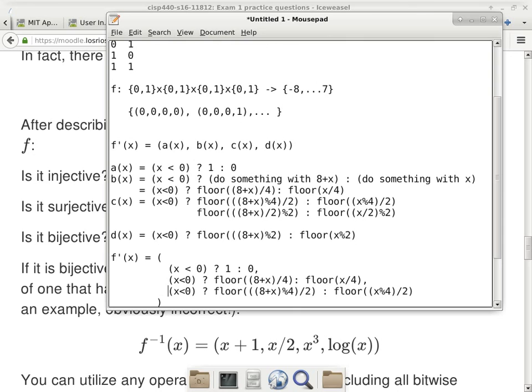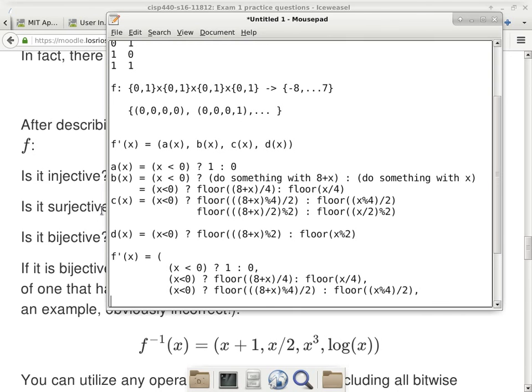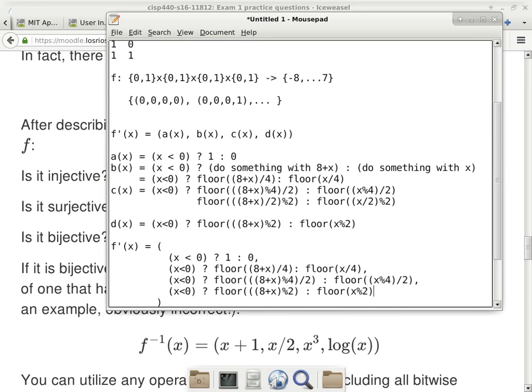And do the indentation. And then here comes D. There you go. But since you asked.